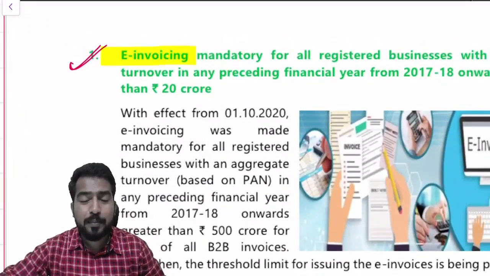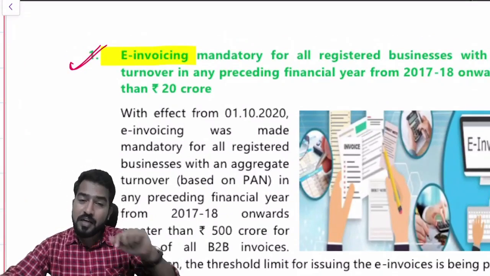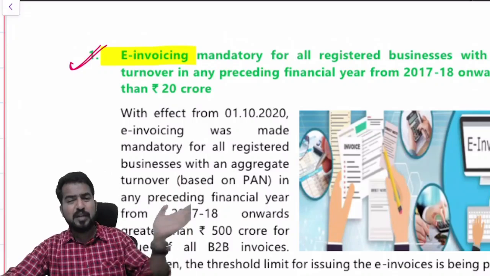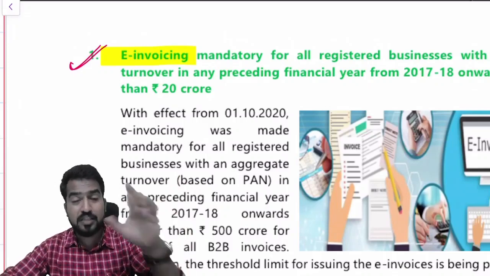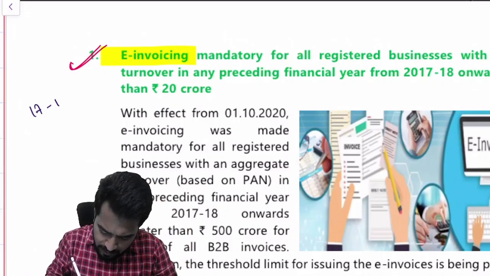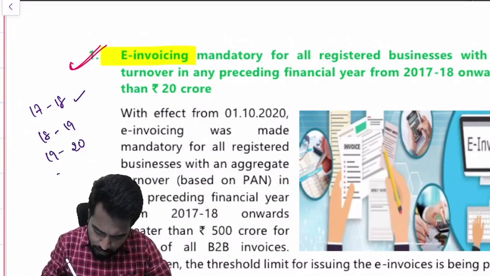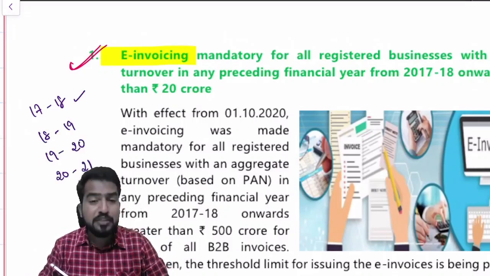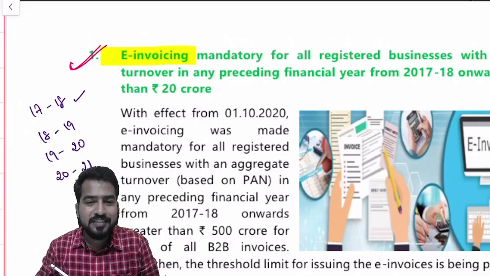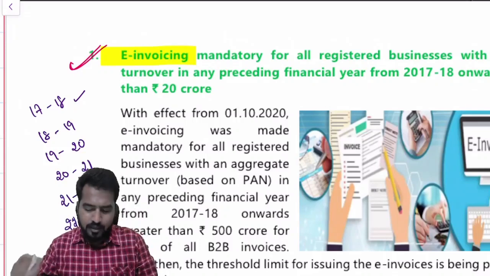If you remember, e-invoicing provisions were applicable earlier to those people whose aggregate turnover in any preceding financial year from 17-18 onwards, that means 17-18, 18-19, 19-20 or 20-21, exceeded 50 crores. Now we are in the financial year 22-23, correct?